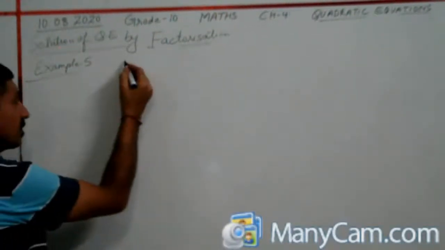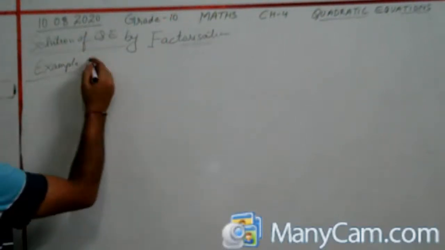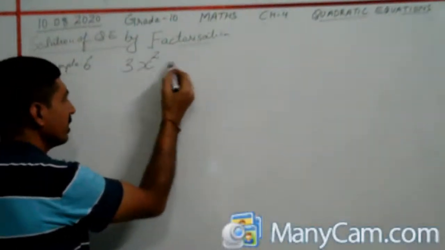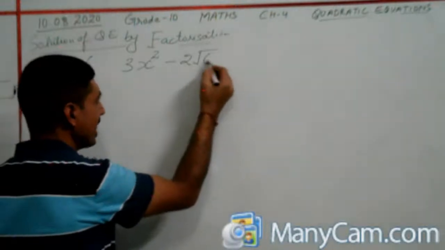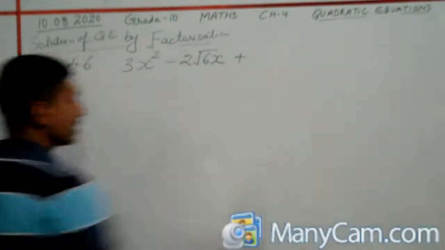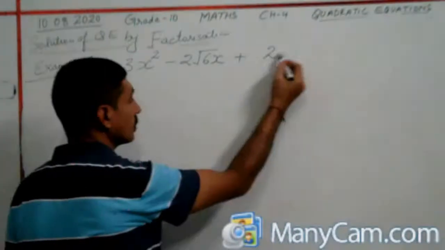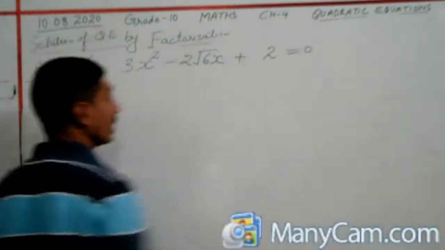So here we have the equation, that is question number 5, example 5, 3x square minus 2 under root 6x plus 2. Right?